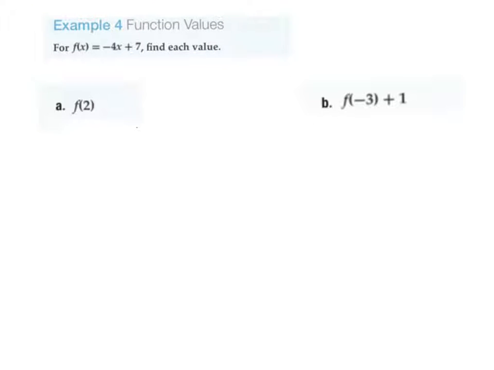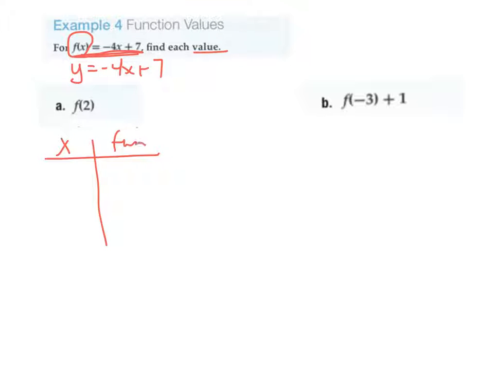Now sometimes they give you what's called a function, and we want to find the value that's given to us. This is what's called function notation. It's the same thing as y equals -4x plus 7. And if we look at it this way, we can make a table, and we can put x, and we can put our function, and our x is what's inside the parentheses, so that's 2.